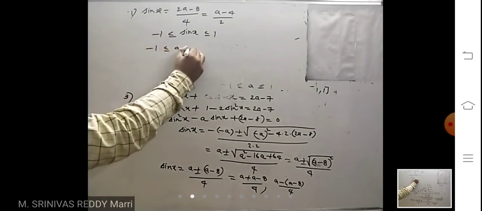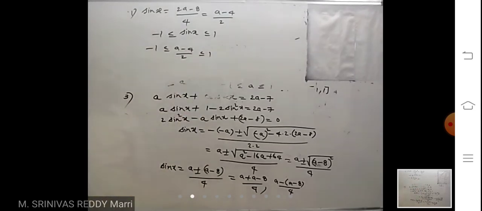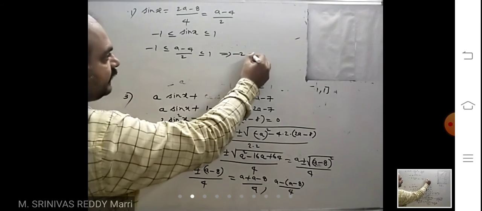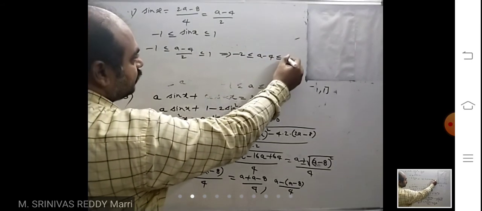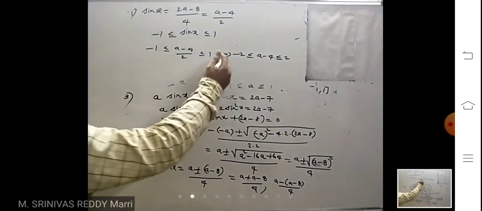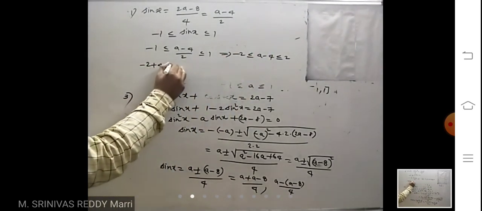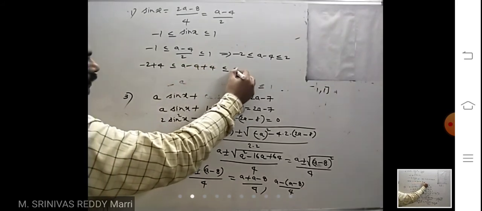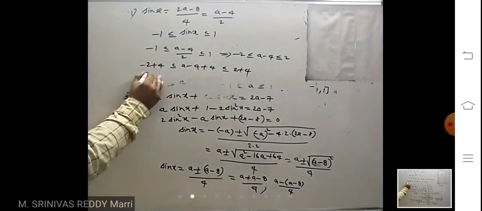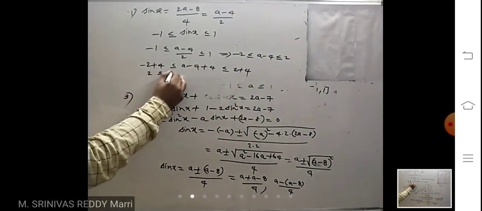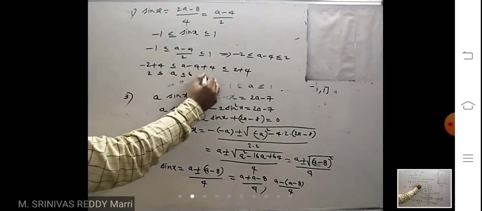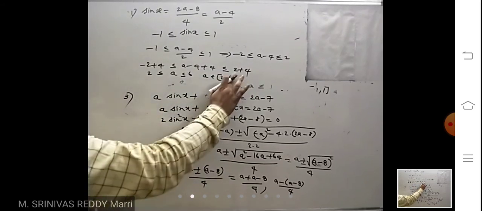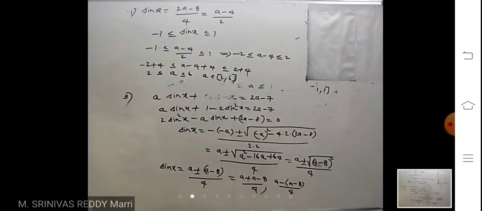Minus 1 less than or equal to sin x less than or equal to 1. Multiply with 2 (after clearing the denominator), that implies minus 2 less than or equal to a minus 4 less than or equal to 2. So add 4: minus 2 plus 4 less than or equal to a minus 4 plus 4, less than or equal to 2 plus 4. That means you will get 2 less than or equal to a less than or equal to 6. Therefore a will lie in the closed interval 2 comma 6.